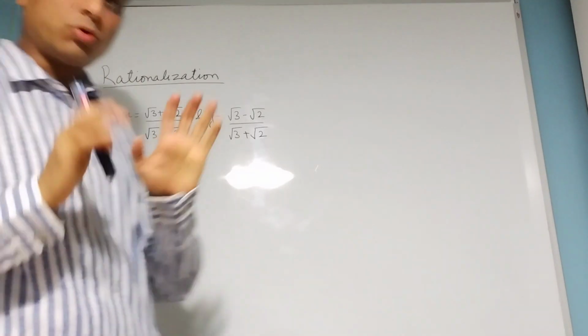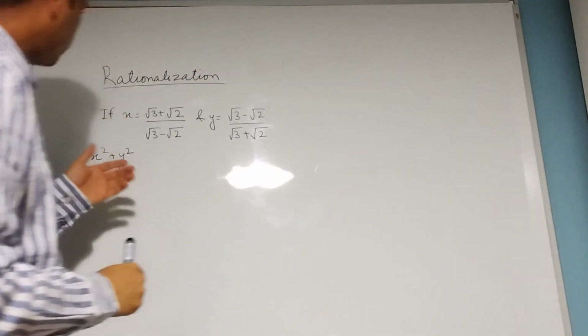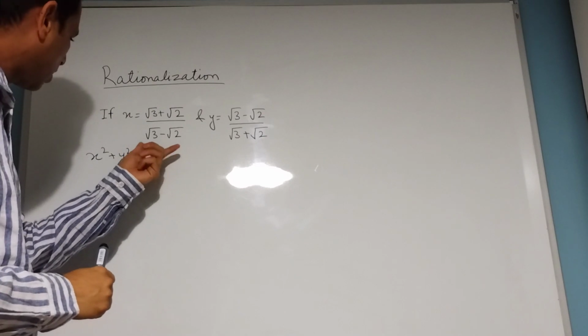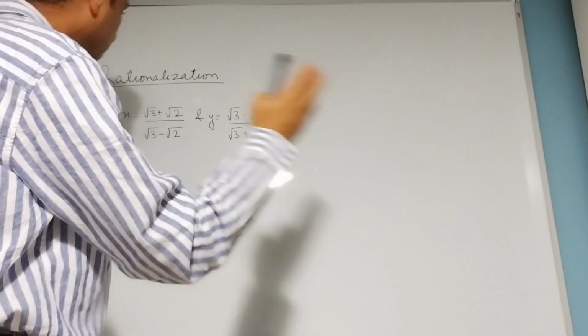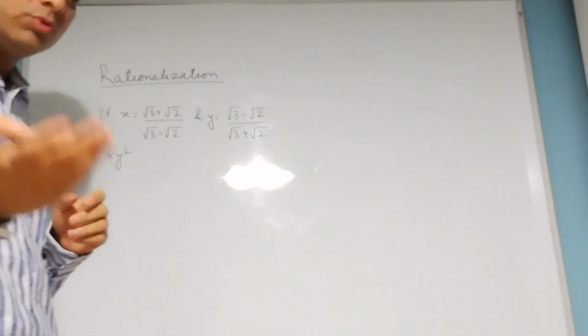You can pause the video here and think of a way how you would find x squared and how you would find y squared, and then add them.